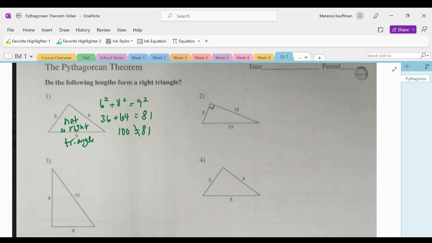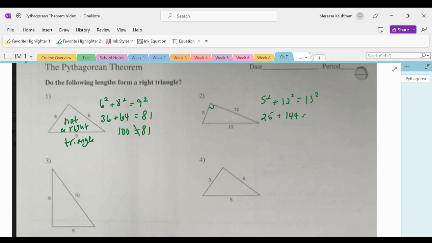I think if it was a right angle, it would be this one, right? So it would be 5 squared plus 12 squared equals 13 squared. Is this going to make sense? What's 5 times 5? 25. What is 12 times 12? 144. And then what's 13 times 13?